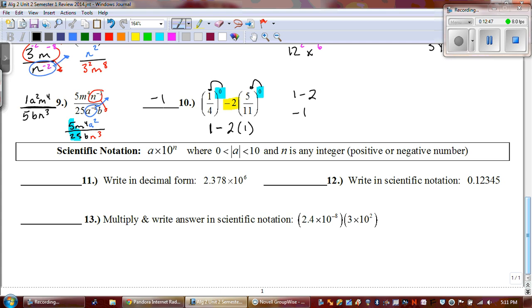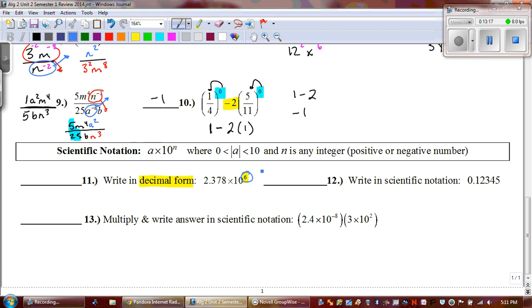Okay, scientific notation. Remember that it's saying a times 10 to a number, where a has to be greater than or equal to 1 and less than 10, and n is any integer, positive or negative. When it says to write in decimal form, is it a positive or a negative?